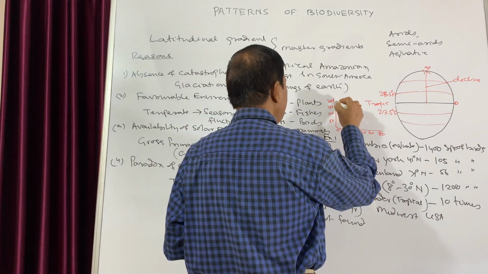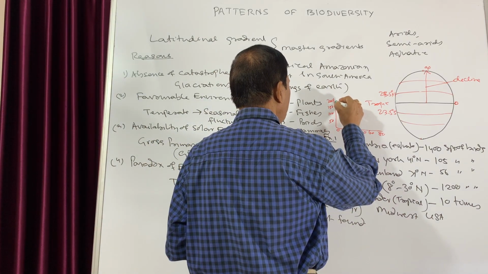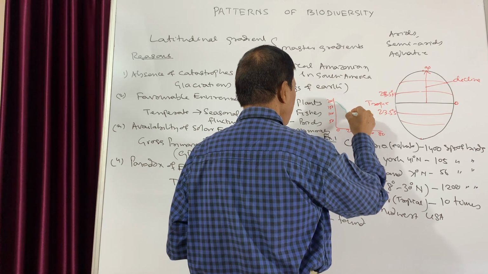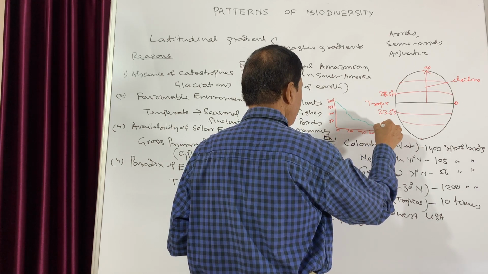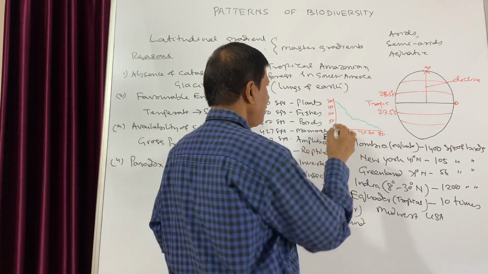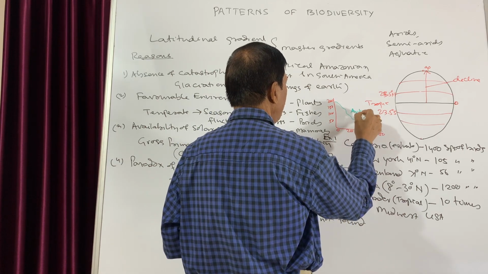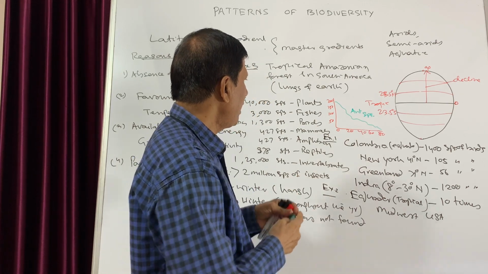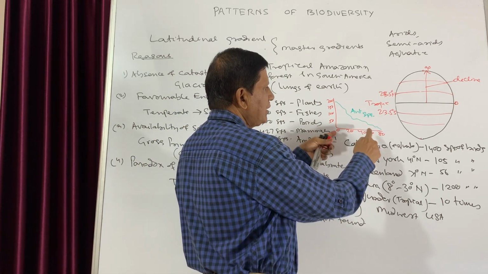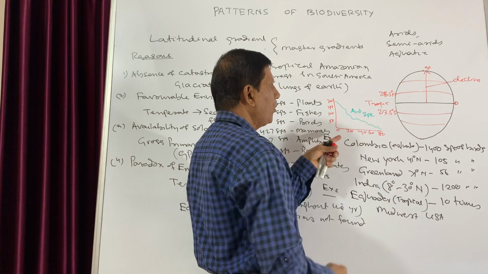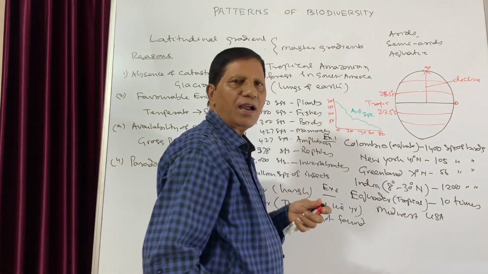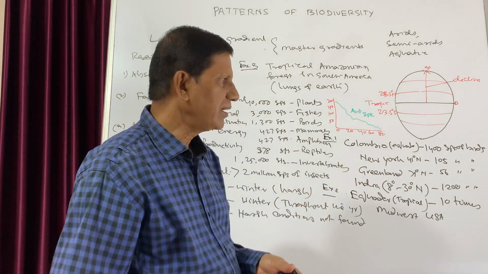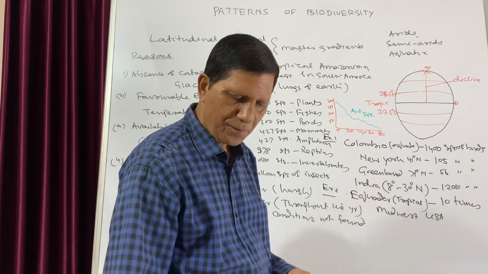The ant species decline from nearly 200 species gradually like this. That means from the equator, as we move towards the pole, the ant species gradually decline. This is one type of graph.